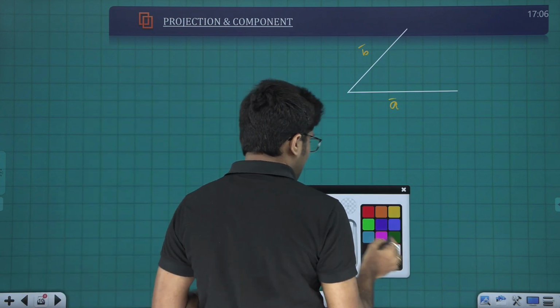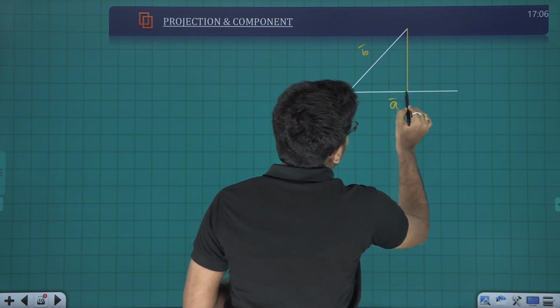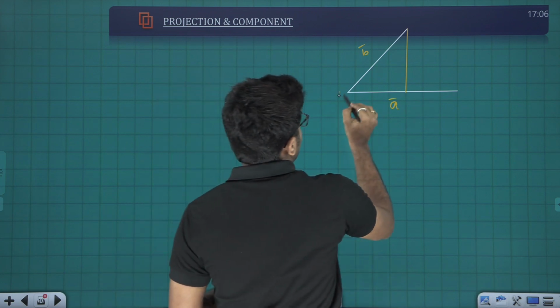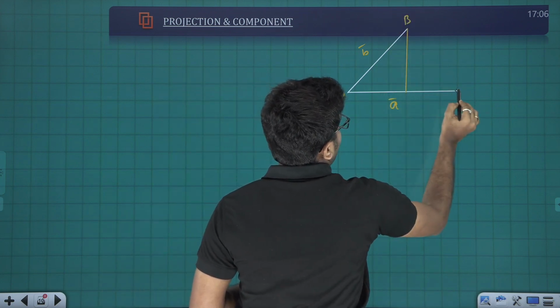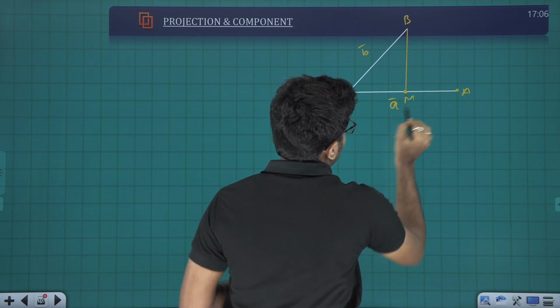Next, if we draw a perpendicular from B bar to A bar, let's say this is OB, point A, and this perpendicular intersects A at M.